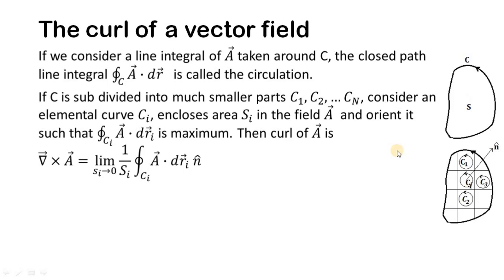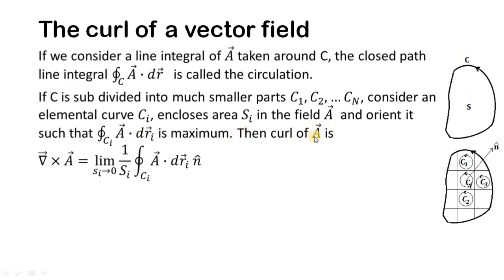If we consider one such small elemental curve, say Ci, which encloses an elemental area, say Si, in the vector field A, and orient that Ci in such a way that the circulation, the integration over a closed path Ci of vector A dot d ri, is maximum.